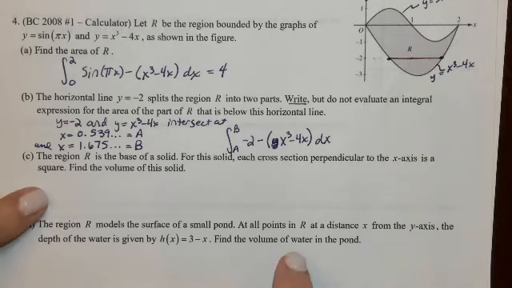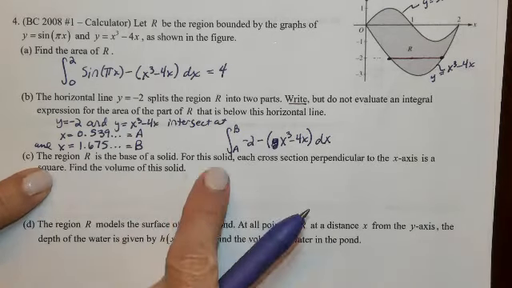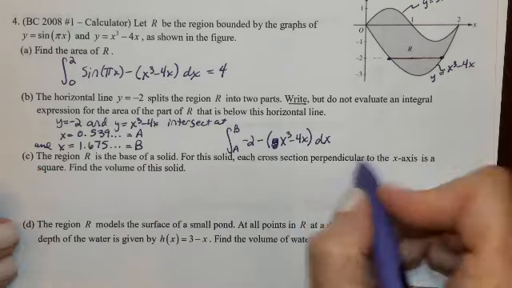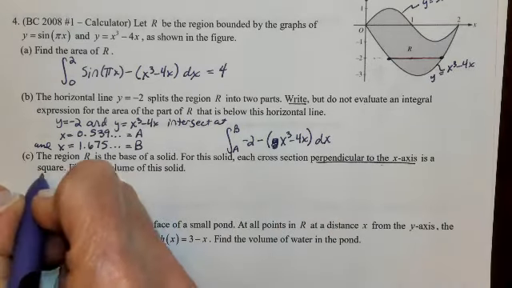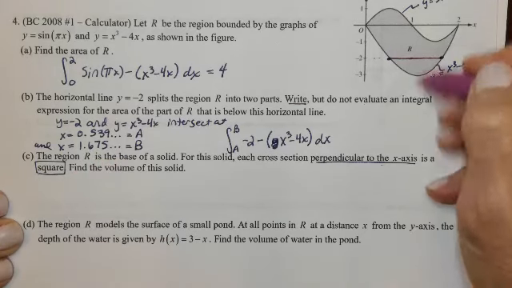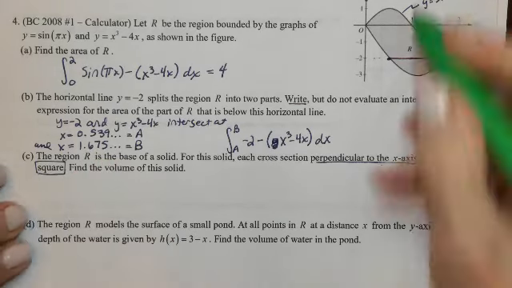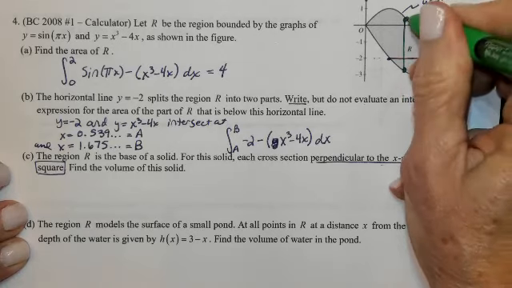On to part C. Back to region R. Region R is now the base of a solid. For this solid, each cross-section perpendicular to the x-axis, that's good, we get to keep our x's, is a square. Find the volume of that solid. So we're back to the whole of region R, and each cross-section is now a square, right?